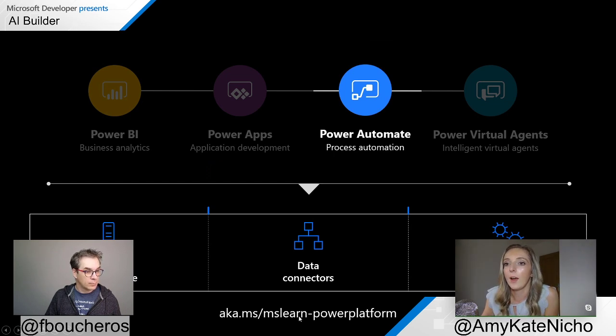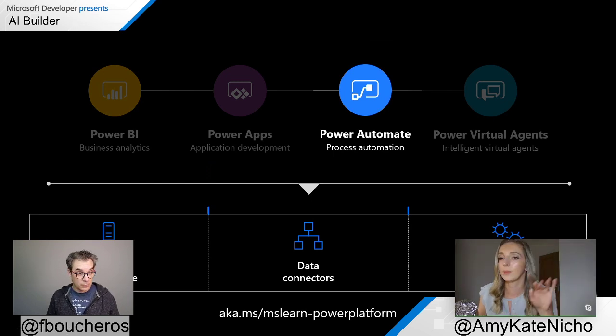If you want to learn more about this whole platform, so everything from Power BI to Power Apps to Power Virtual Agents, go ahead and go to this link. But what we will focus on, as I mentioned, is Power Automate, and I'll give you some links as well for extra learning.